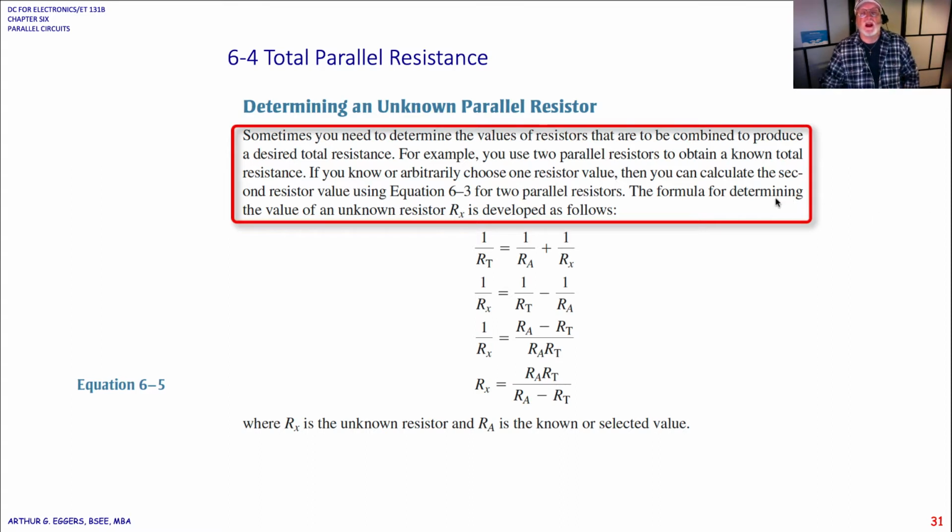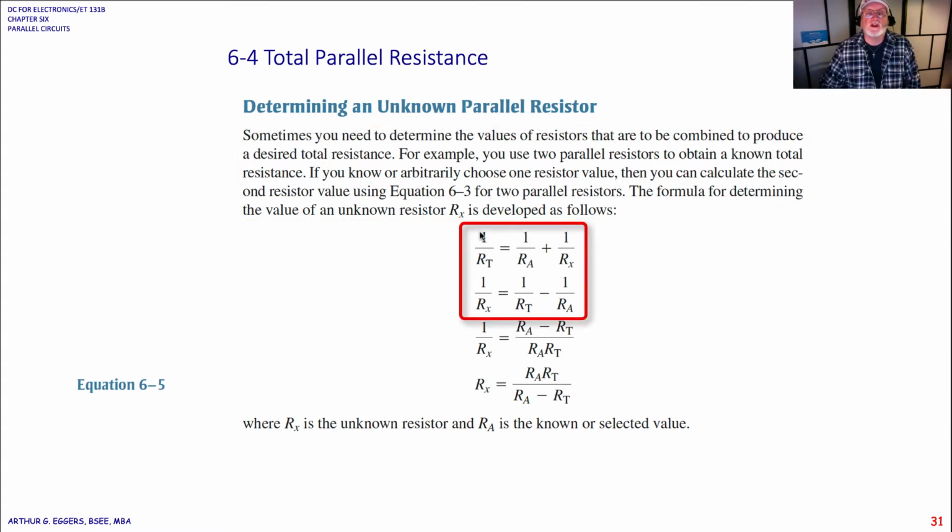So let's take a look at how we develop this. We're going to start with our reciprocal relationship for the total resistance. And instead of calling them R1 and R2, we're going to call it RA, which is our known resistance, and Rx, which is the resistance that we want to solve for. So let's now move our terms around so that we have Rx on the left side of the equation like we normally do.